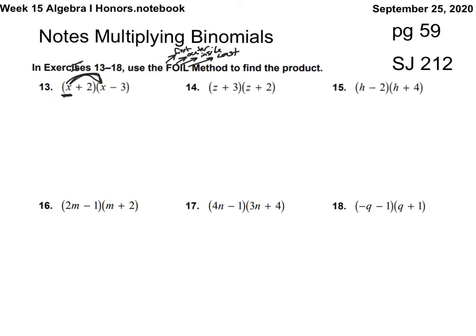First term in the first binomial, first term in the second binomial. As a whole, these are the outside terms. These are the inside terms, and these are the last terms. That's where FOIL comes from. It comes from first terms, outside, inside, last. FOIL.